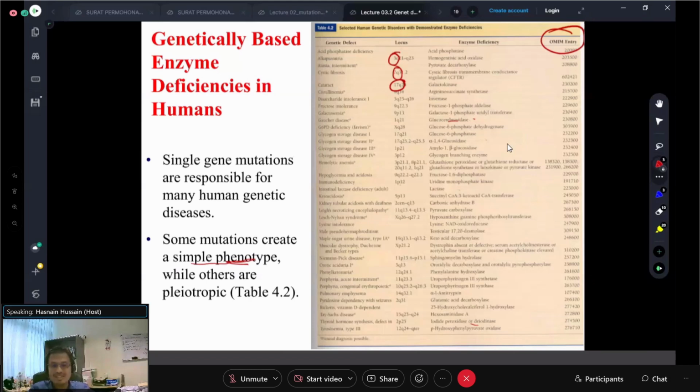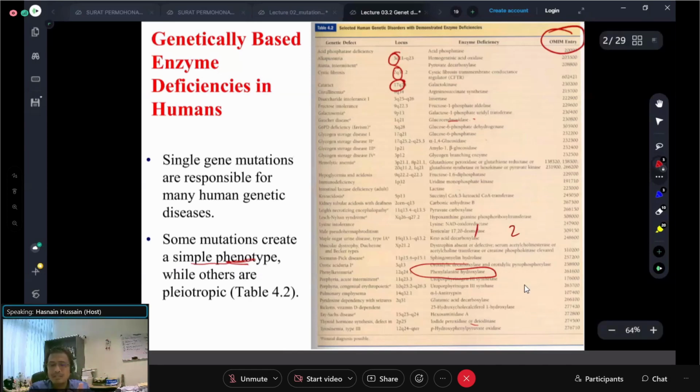Hypothetical situation, okay? But in some other deficiency, for example, not specifically phenylketonuria, but let's say I use this enzyme, individual number one has a symptom of only lung problem.